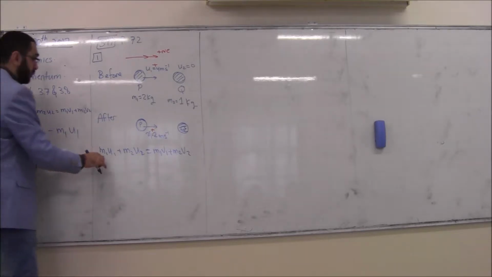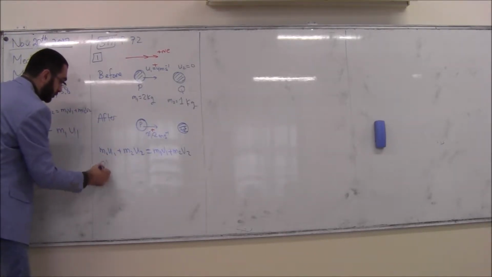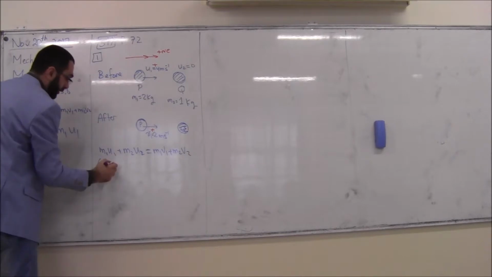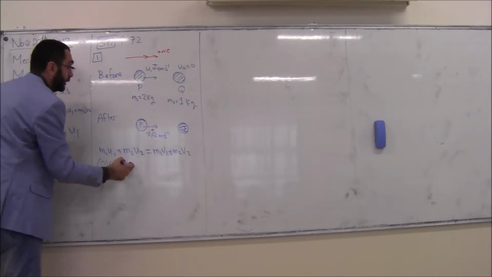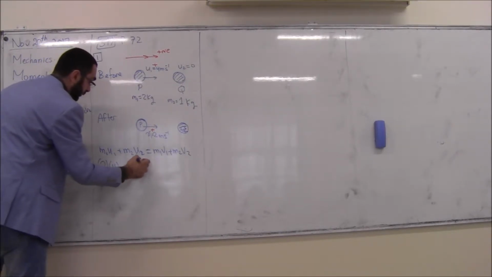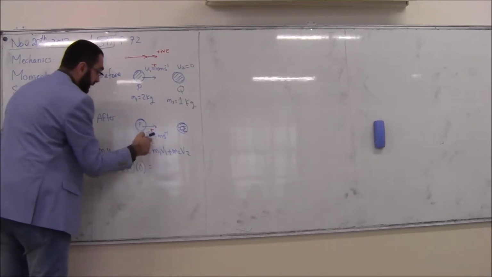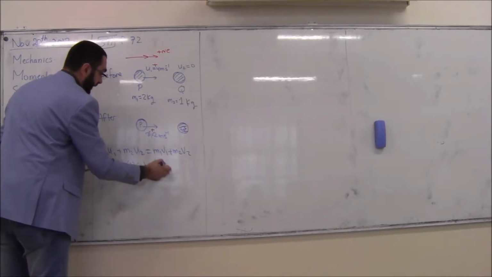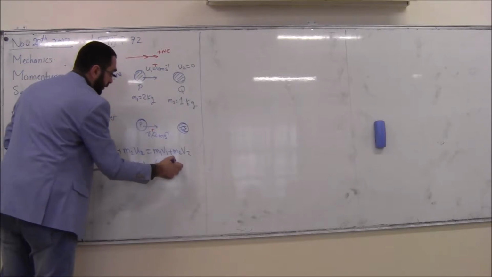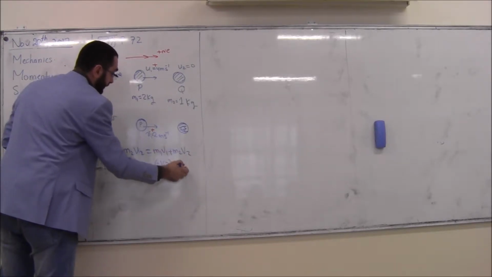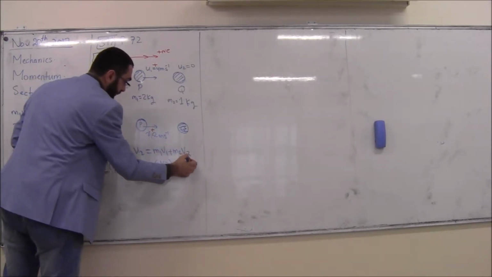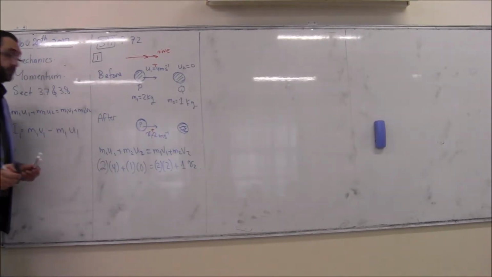M1 is 2, U1 is 4, plus M2 1 times 0, equals M1 2 times positive 2 plus 1 times V2.